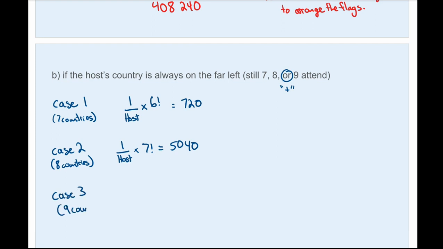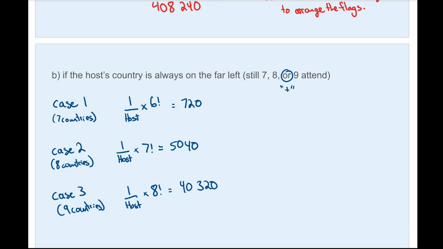We're dealing with 9 countries in this case. One of them is the host, so they're always going to be on the far left. Multiply by 8 positions for other flags, 8 countries to fill those positions, so 8 factorial, which we've already learned from the last part is 40,320.